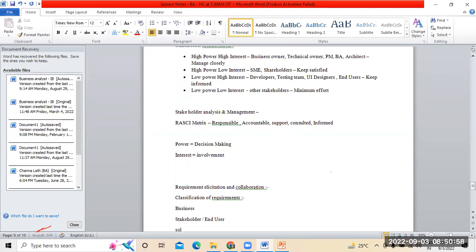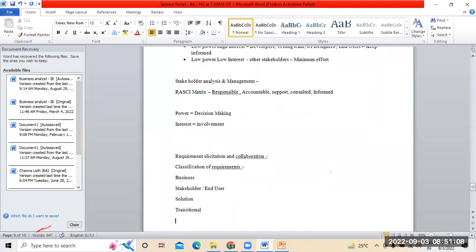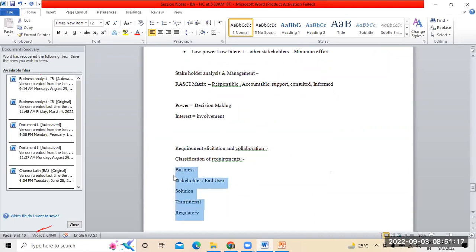Next, solution requirements, transitional requirements. Next, regulatory requirements. So these are the classification of the requirements: business requirements, stakeholder or end user requirements, solution requirements, transitional requirements, followed by regulatory requirements.